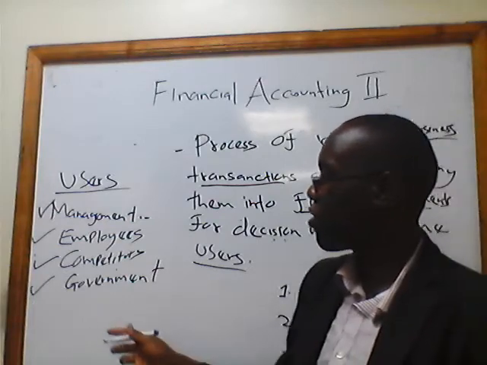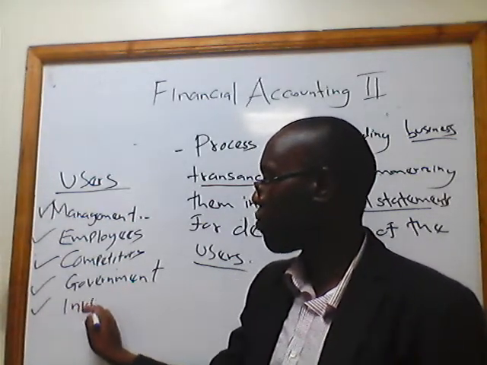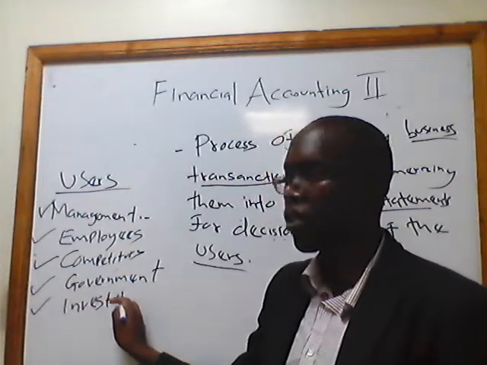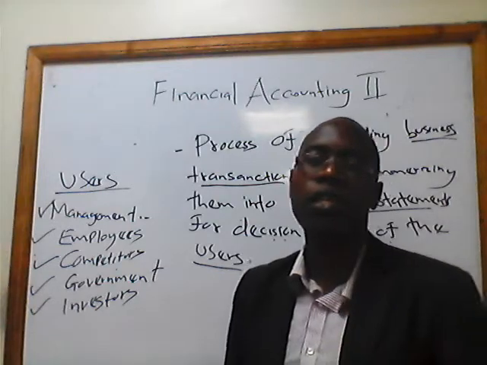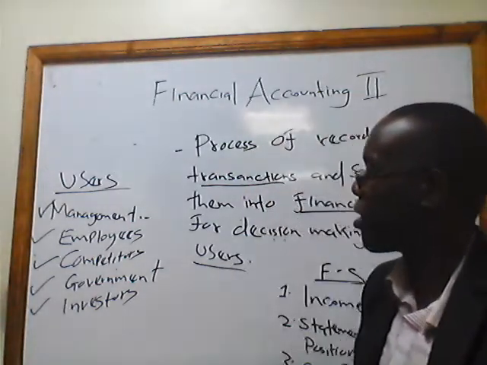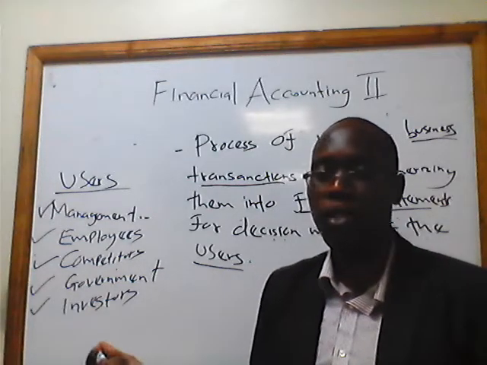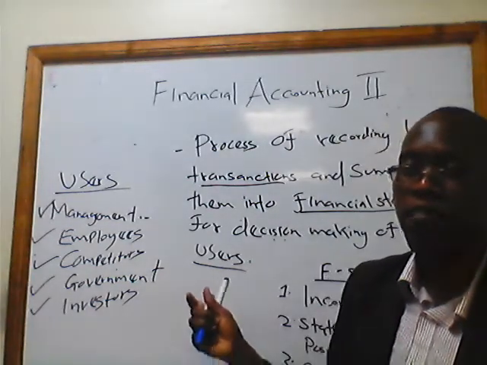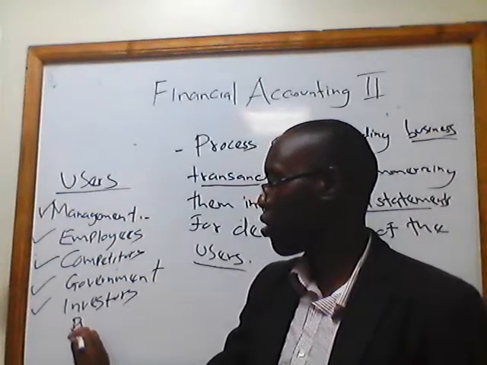So another kind of user of financial accounting information is the investors. Investors are going to be interested in the financial accounting information, and we are going to have two types of investors. Let us first start with the present investors, and then we go to the potential investors.